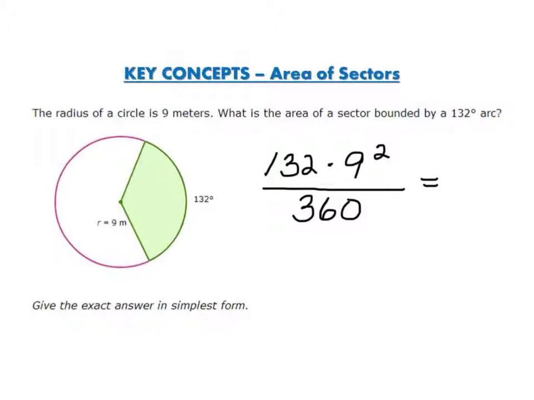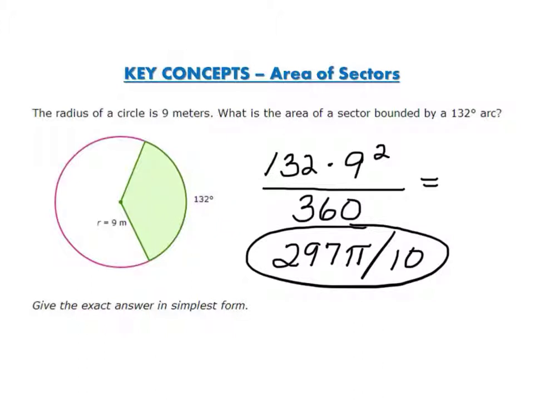So when you would put this in your calculator, you would put 297 pi over 10. So make sure if you have a fraction that you put it in as an improper fraction, the pi sign slash and your denominator. If you have a whole number, you just have to put the whole number in and the pi sign.